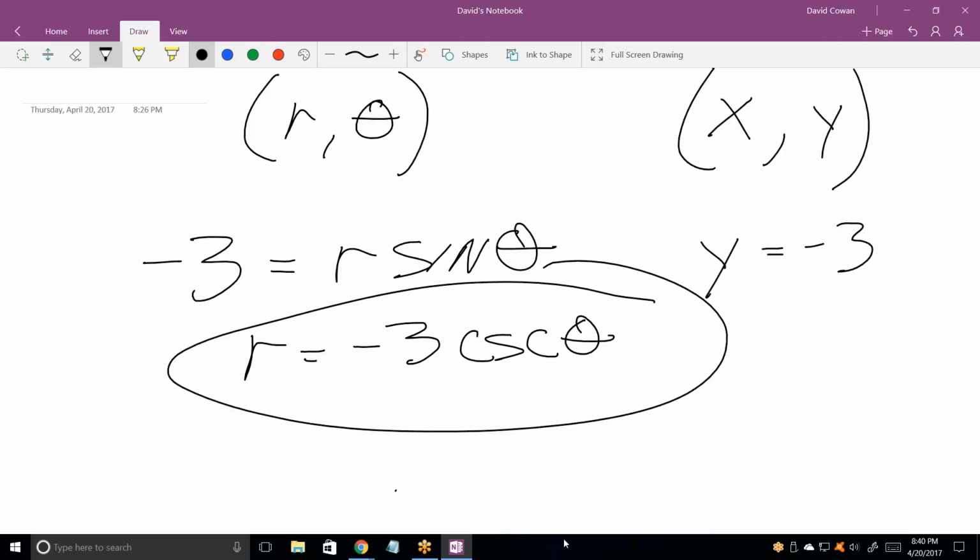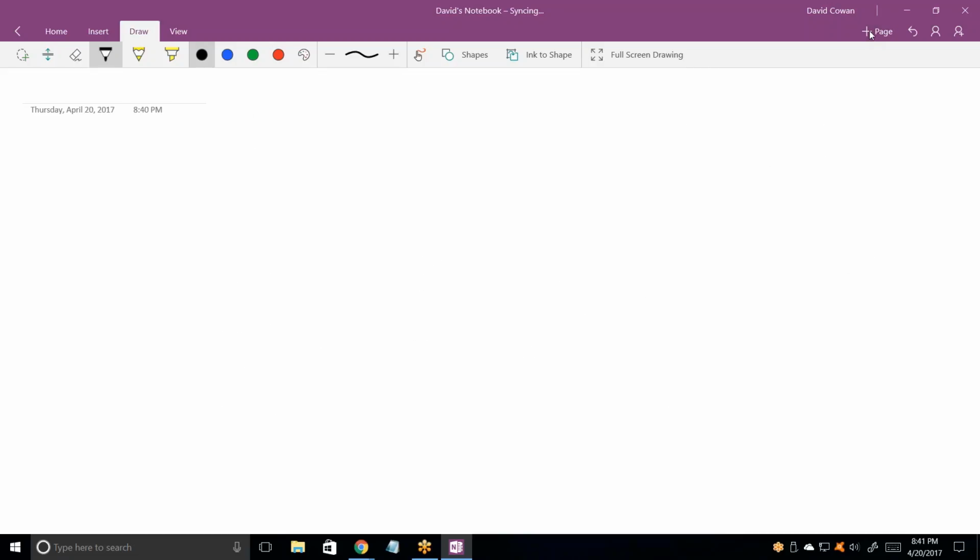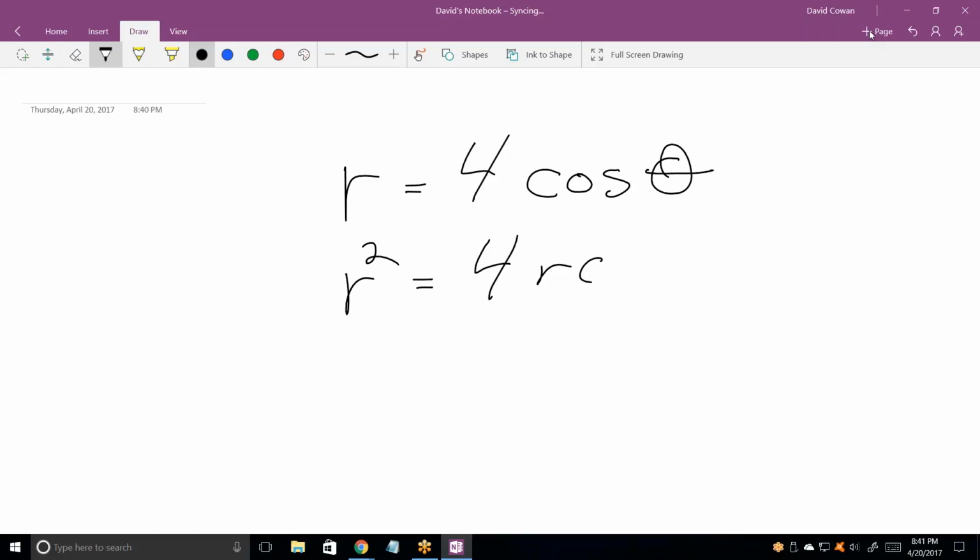There you go. Now, some of these can be a little tricky. For instance, if I'm going from polar to rectangular, this requires a bit of creativity. That creativity is multiplying both sides by r, so that r squared equals 4r cosine of theta.